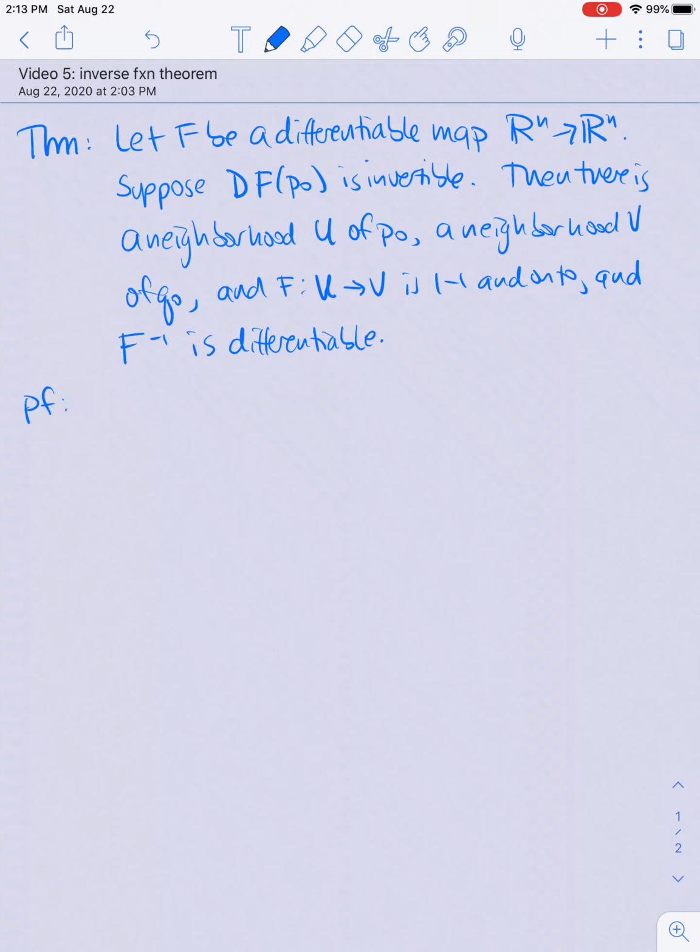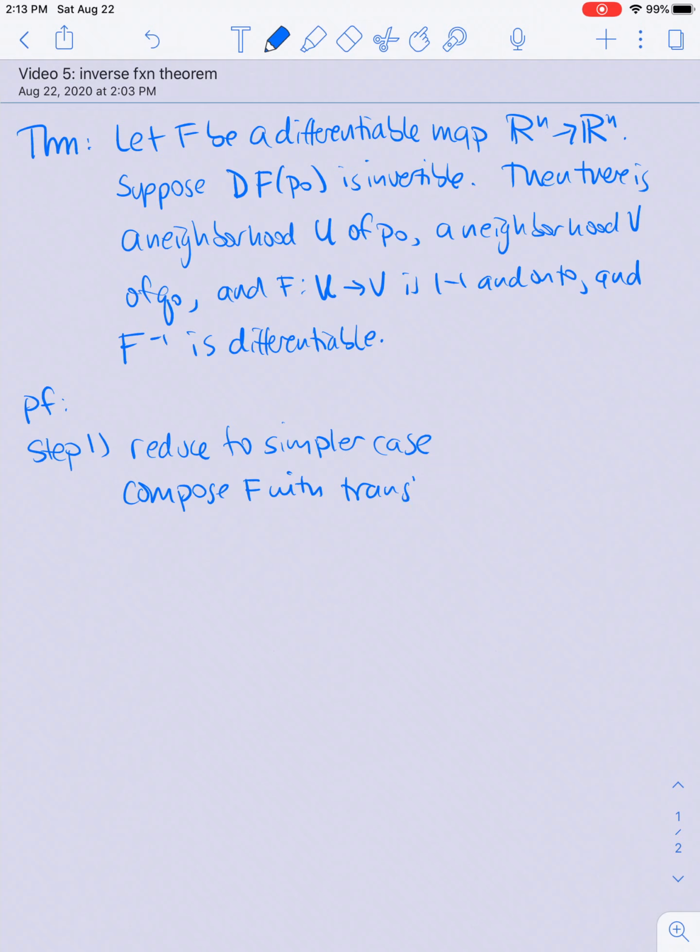So how are we going to prove this? The first step is to reduce to a simpler case. So we can compose f with translations. Oh, sorry.